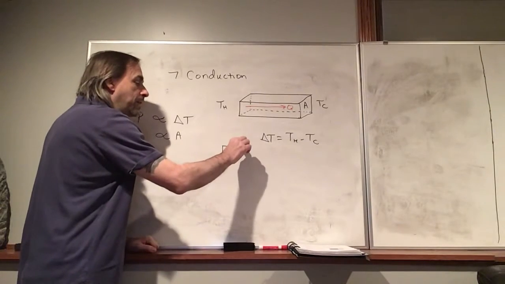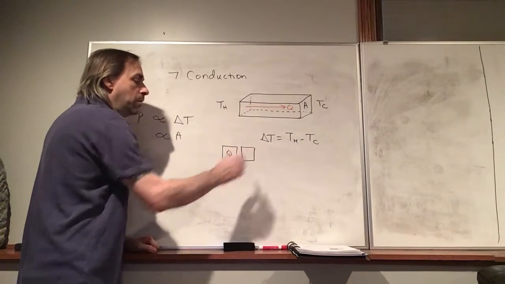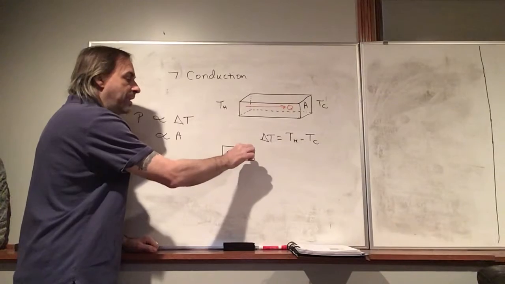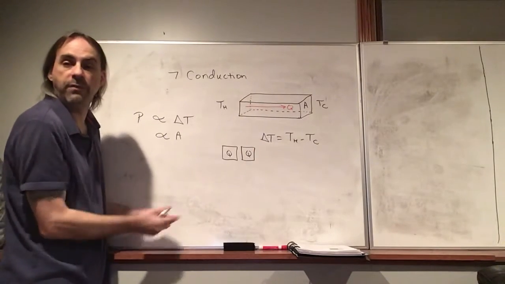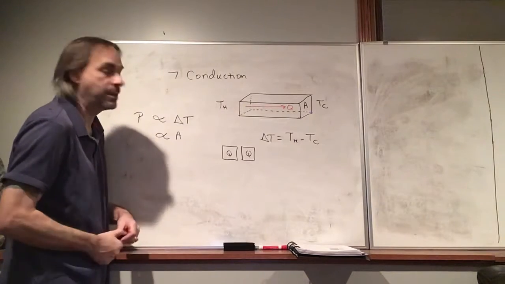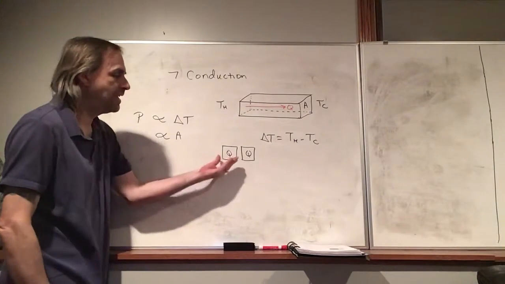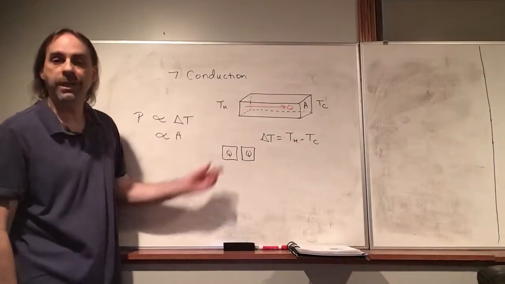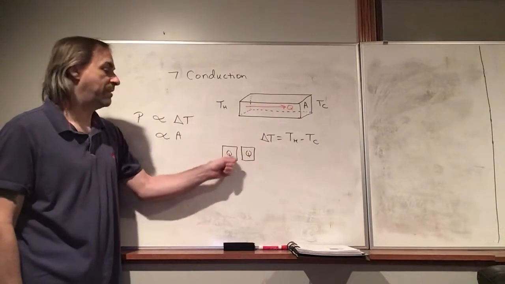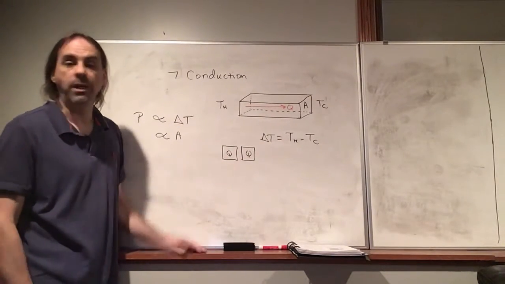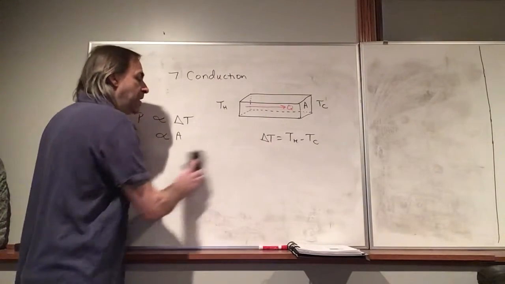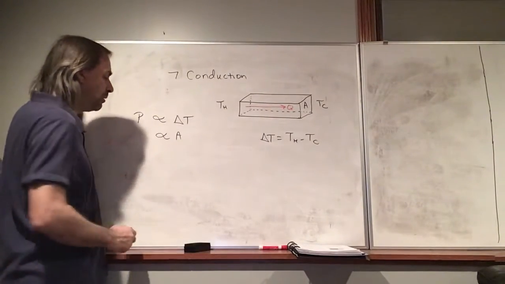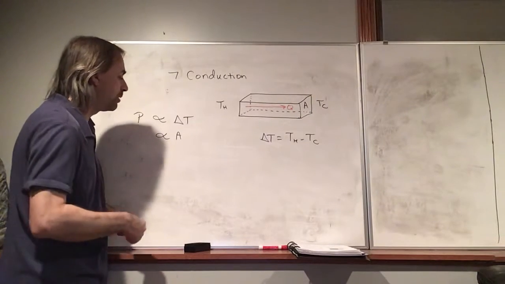If we had a second bar right next to it with the same temperature difference between the ends, we'd have the same amount of heat flowing. Now, if we just have two identical bars with equal temperature difference, same amount of heat would flow through each region. So basically, if you double the area, you get twice as much heat in a given time interval. So I think that's pretty obvious. The rate is proportional to the area.